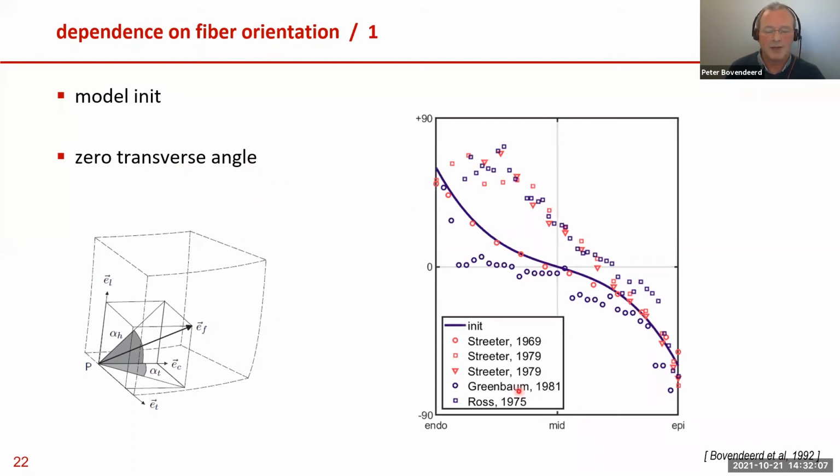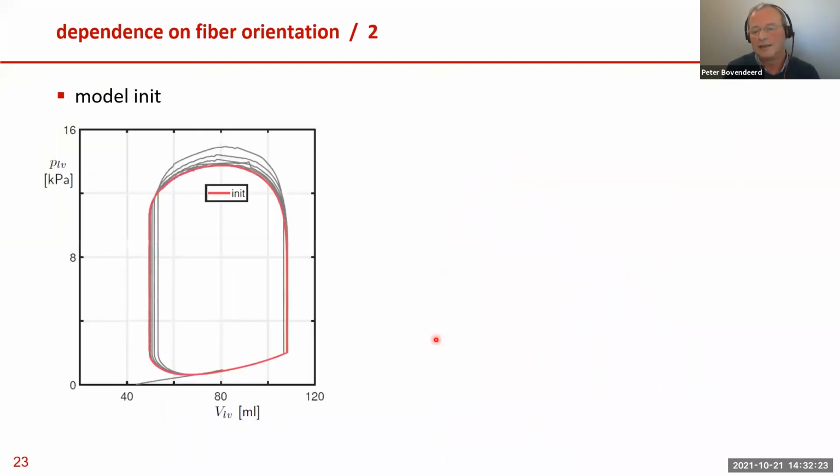At that time, I thought that the results produced by Streeter in 1969 were most reliable, so I fitted a transmural course of this helix angle to these data. I plugged it into the finite element model, and this was the hemodynamics, the pressure volume loop that I got.